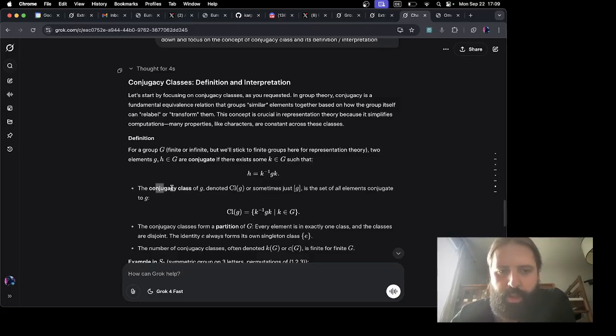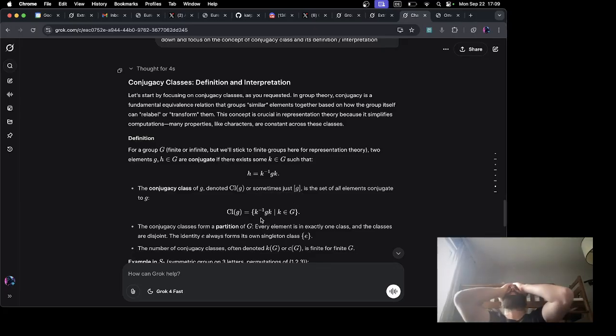So the conjugacy class of g, denoted Cl(g), or sometimes just [g], is the set of all elements conjugate to g. So you take g, you apply these transformations.